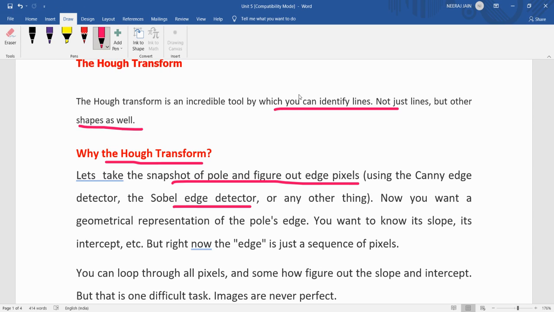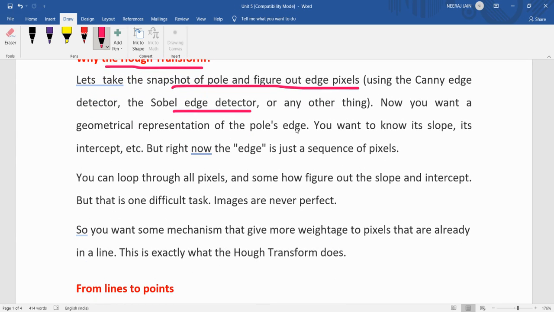Now we can detect the geometrical representation of the pole edge. We want to know its slope, its intercept, but right now the edge is just a sequence of pixels, because we represent the image or its edge as a sequence of pixels. So how can we detect its slope, intercept, etc.? That is the task.